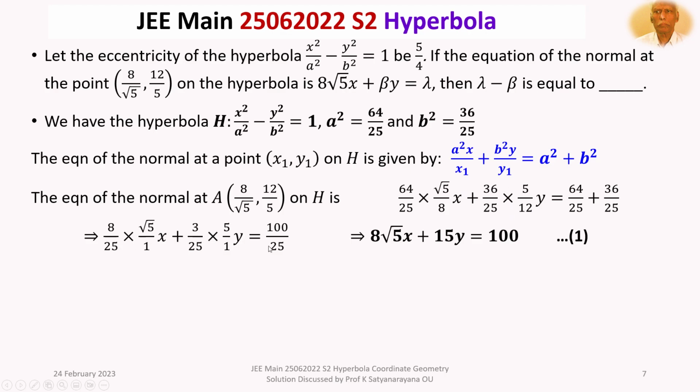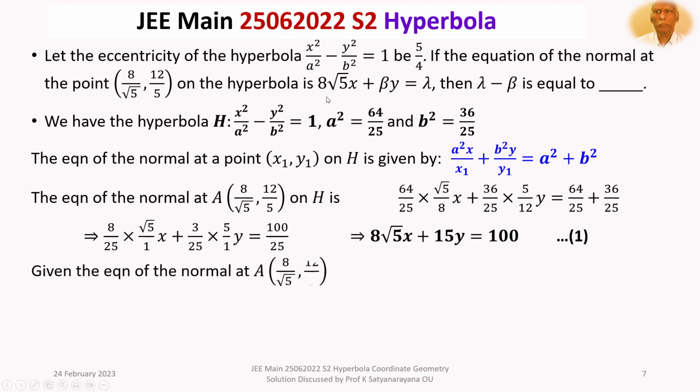Then you will get this equation, and taking the LCM, you will get 8 root 5 x plus 15 y is equal to 100. That is the equation of the normal at the point A, whose coordinates are 8 by root 5, 12 by 5. And this is equation 1. That's the normal at A on H.